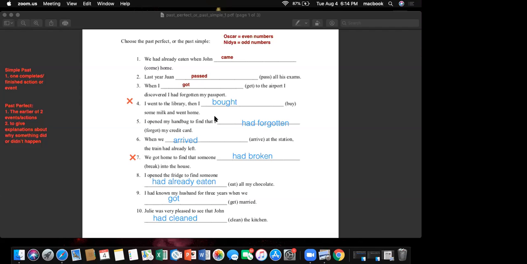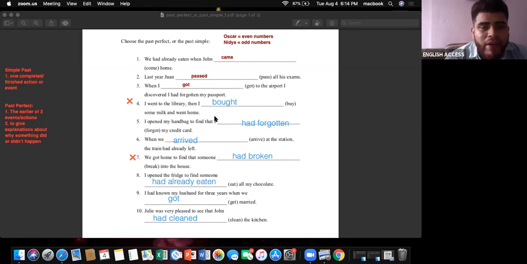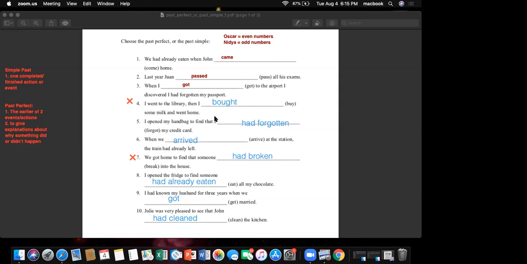And number 7, we got home to find that someone had broken into the house, because first somebody breaks into the house and then you get home and notice, right? So sequencing your events is very important when you're using the past and past perfect. All right? Yeah, thank you.